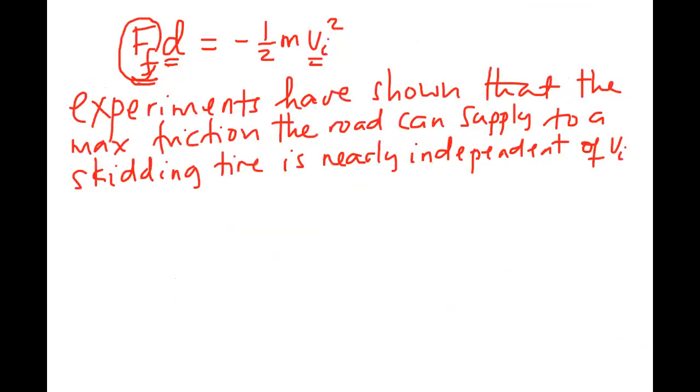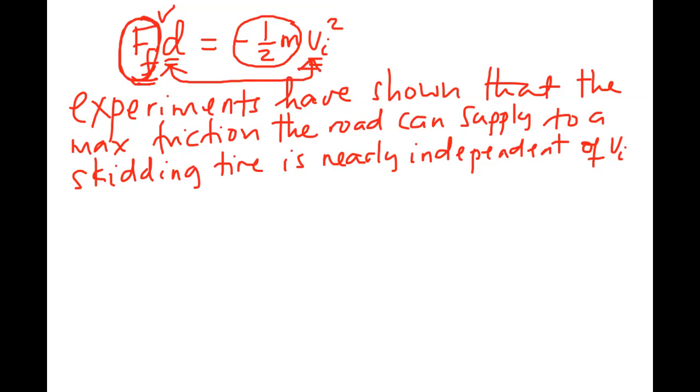Mathematically, this tells us that if this is constant, this is constant, this is constant, then the only thing that matters is the distance and the velocity squared. These are the ones that will be related because the force is constant.